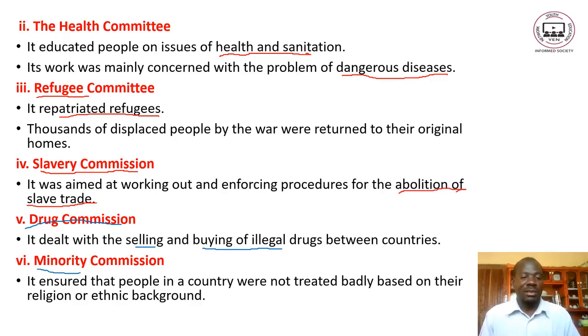And there was also the Minority Commission. This Minority Commission ensured that people in countries were not treated badly based on their religion or ethnic background. I remember last time when we were talking of the results of the Versailles Treaty, when we were trying to assess it, we saw that one of the weaknesses was that people were given countries not of their choice because of the demarcations.